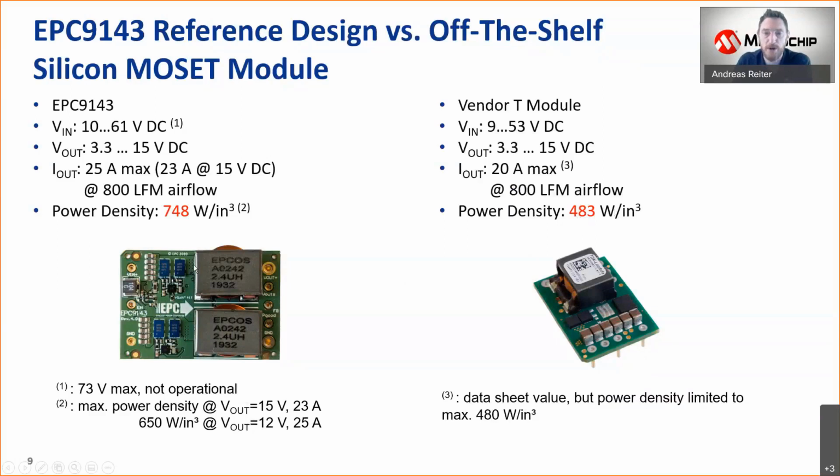By using gallium nitride switches, the first advantage we get is the smaller size. The second one is that we can operate them at higher switching frequencies without exceeding switching losses. The wide bandgap devices allow us to turn them on and off really quickly. There's basically no or very little parasitic capacitance.